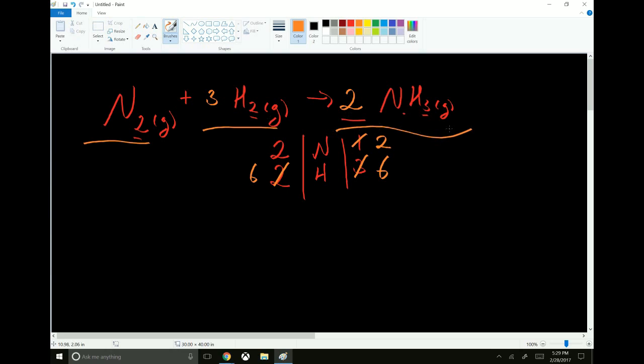Or, you can think of it as 1 mole of nitrogen and 3 moles of hydrogen makes 2 moles of ammonia. Molecules, moles, either one works just fine. What you cannot do, you cannot work with mass, not directly. You have to convert into moles or molecules if you want to do that sort of thing.